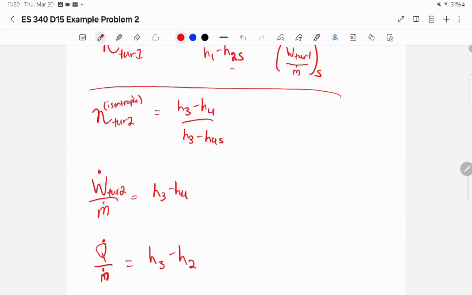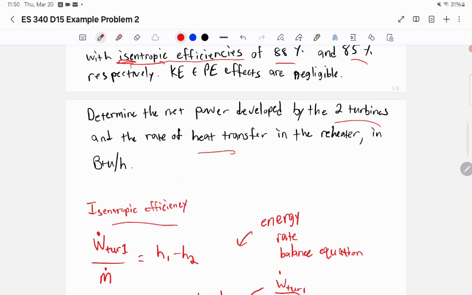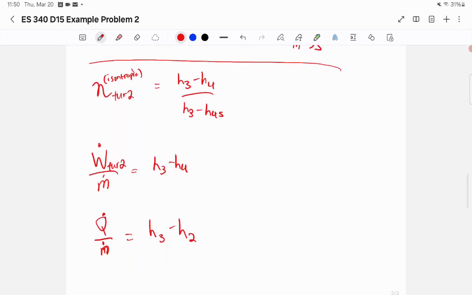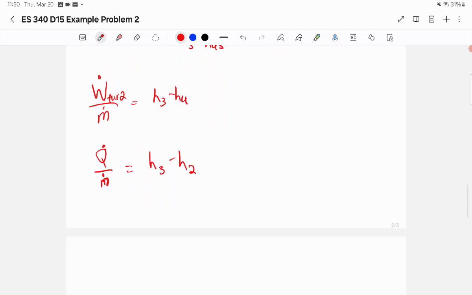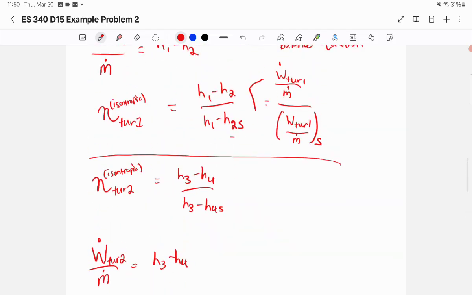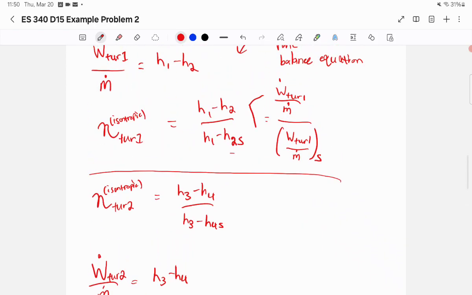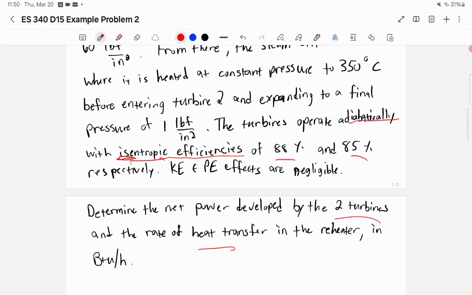Okay, so those are going to be our 3 equations that we're going to need. And we already know what the mass flow rate is because it's at steady state, so we're good there. So the question becomes, how do we find each of these terms? Well, the nice thing is you were given the isentropic efficiencies, eta, of each of these.